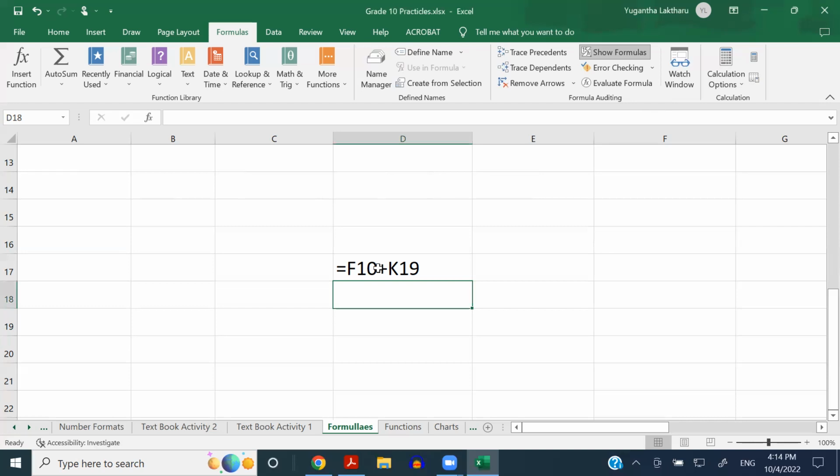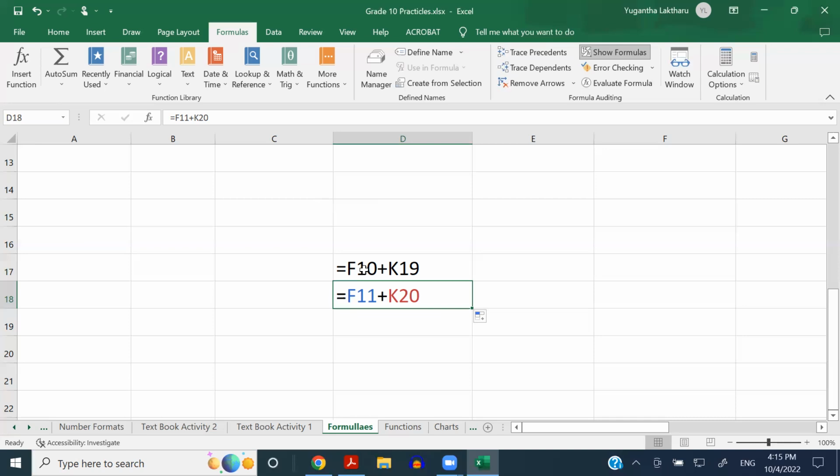So if we are going to copy this to the one below, it's going to give you F11 plus K20. So like we learned, the column header did not change, but the row header has changed. By how many has it changed?